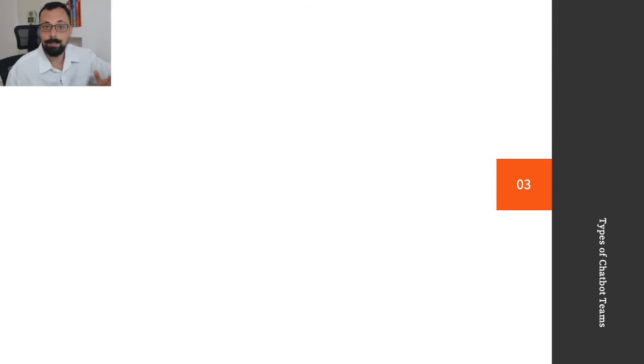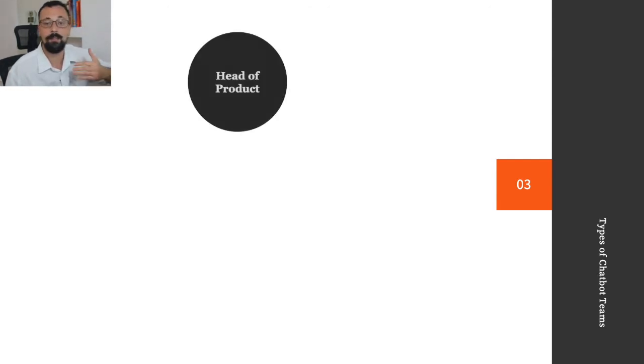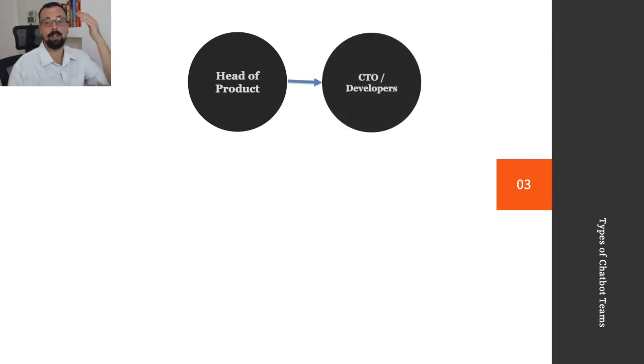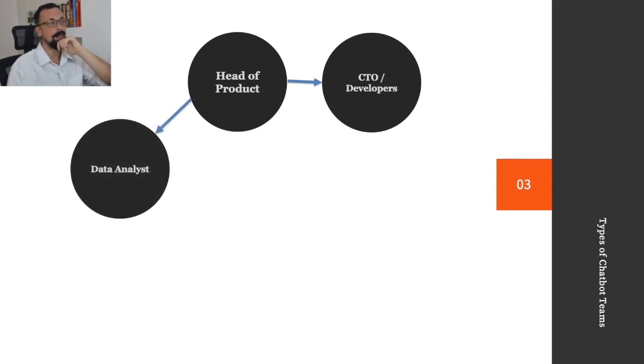For our first example, let's take a look at if the head of product was the position that is in charge of all chatbot doings. So who might they have access to additionally within the company? They would have their chief technology officer or maybe even an entire team of developers at their disposal. They could have a data analyst that comes into marketing data as well as basically just business data.